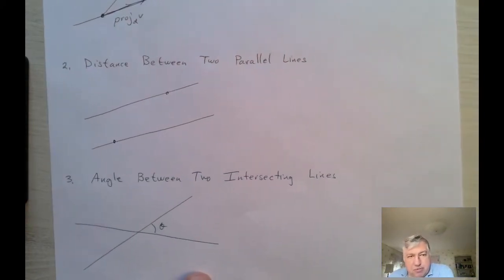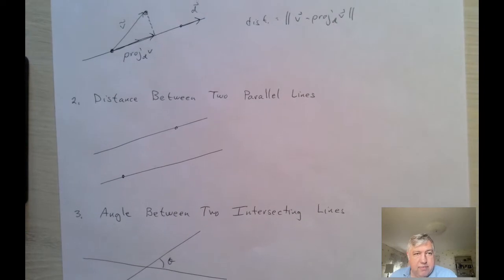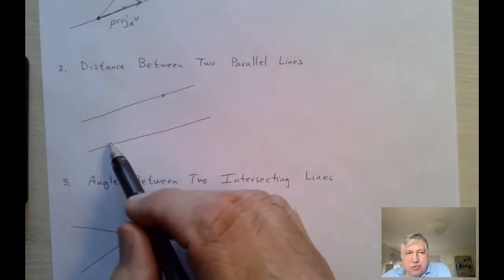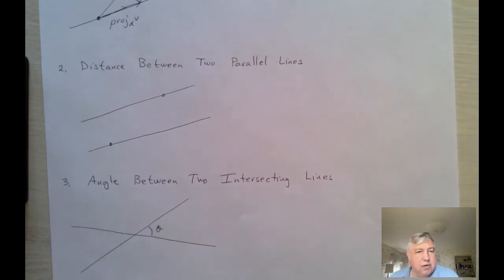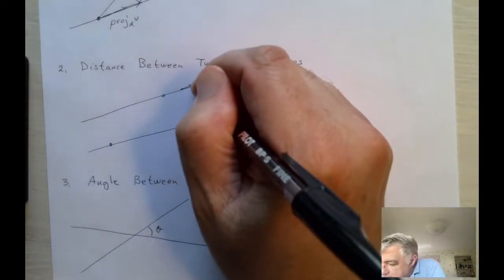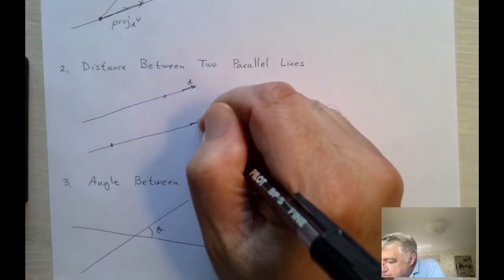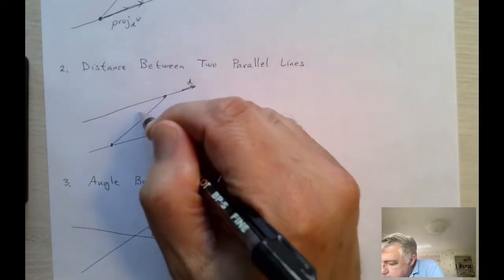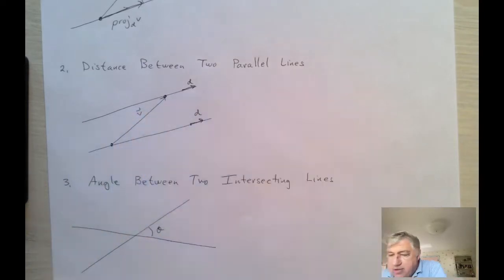We use a similar principle for the distance between 2 parallel lines. We just have to find 1 point on each line. And since they both have the same direction vector d, we can just consider the vector connecting these 2 points.